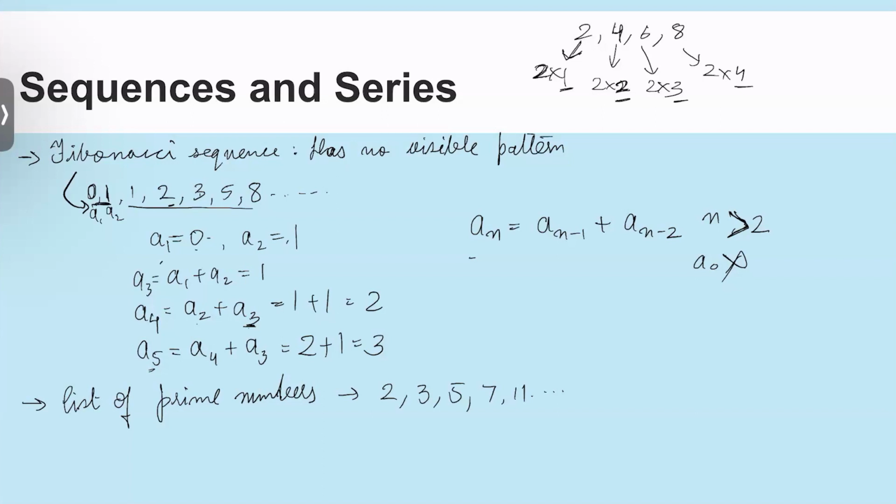So over here you can see there is no exact formula for the nth term of the sequence. Because even if you add 2 plus 3, you do get 5, but if you add 5 plus 3, you will not get 7, you will get 8.